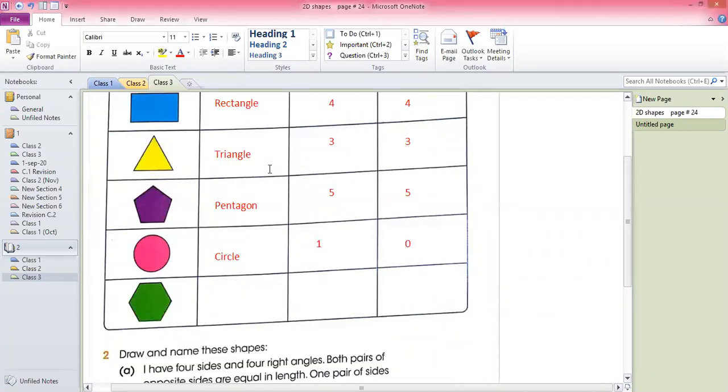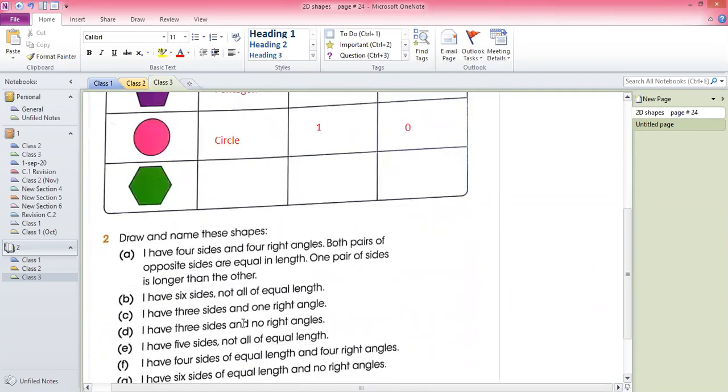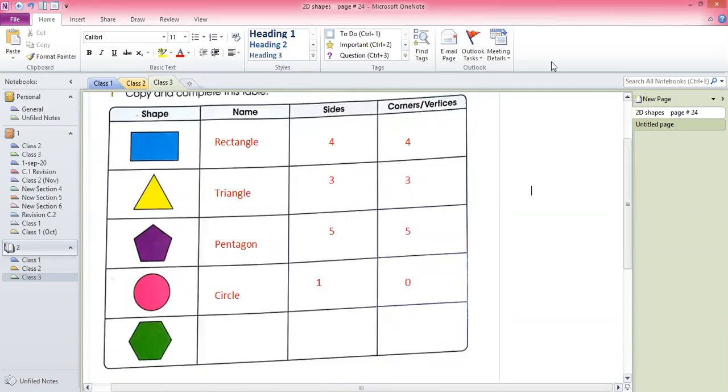Sir, above the circle, is it a regular pentagon or only a pentagon? Yeah, it is irregular. Just write pentagon, no matter. In question number 2, you will have to identify between regular and irregular pentagon. Very good, Ahmad Awal.